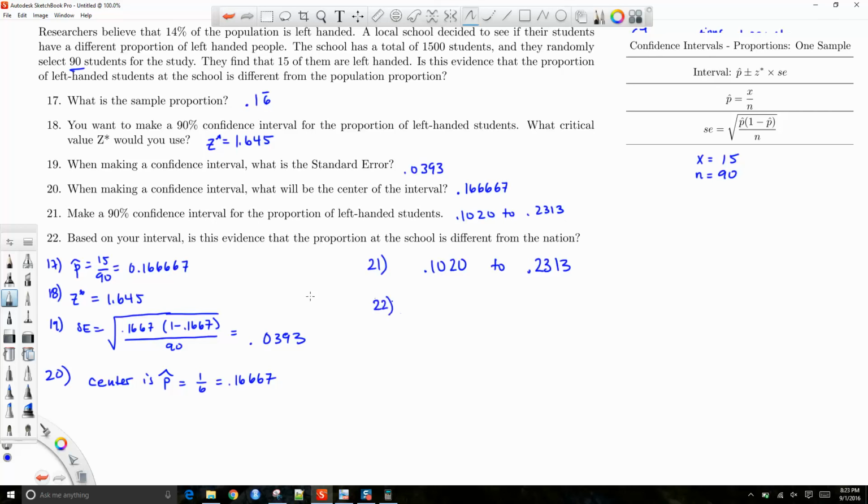All right, 22. Based on your interval, is this evidence that the proportion at the school is different from the nation? The national proportion is 14%. What we see is that the confidence interval for our school contains the value 14%.